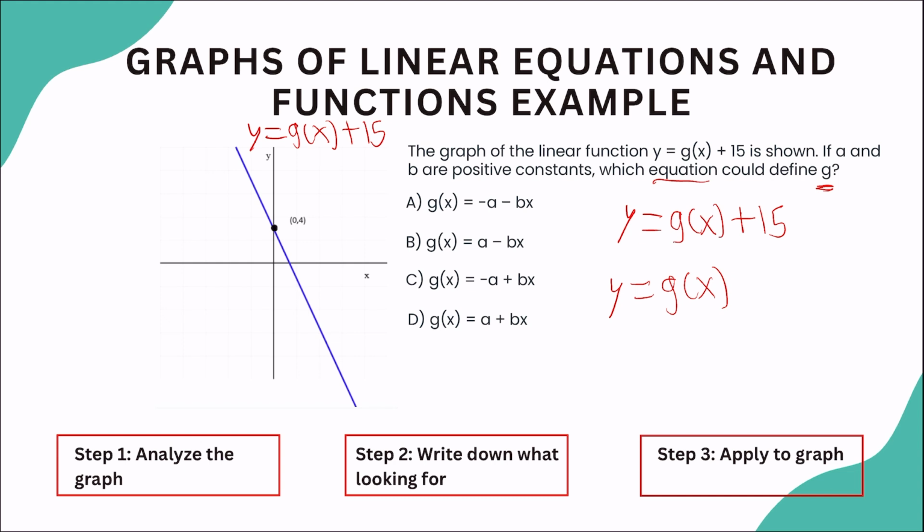So if we remember, a plus 15 is going up 15 units for our y-axis. So right now our y-intercept is (0, 4). And if we get rid of the going up 15, that means we'll go down 15, right? And so that means our new point here is going to be (0, negative 11).